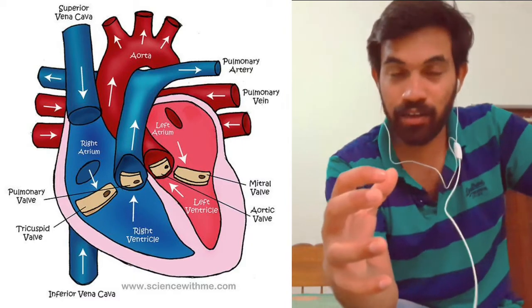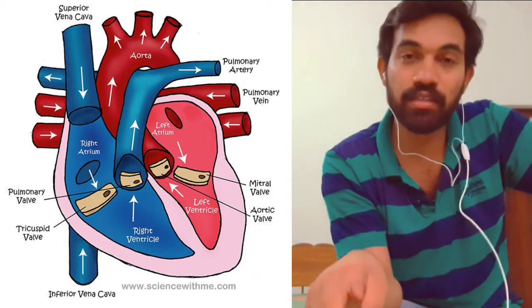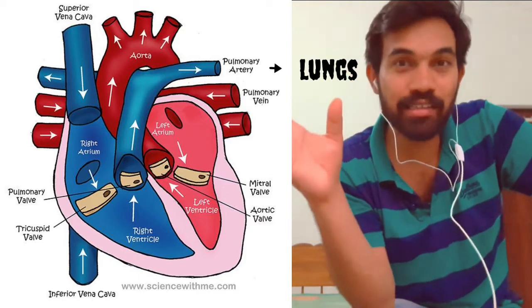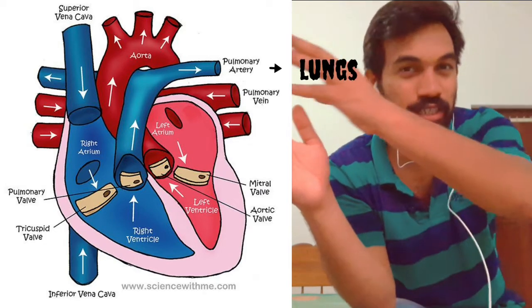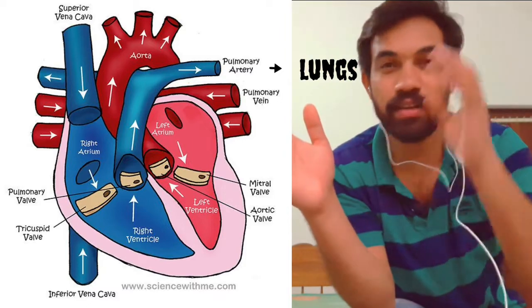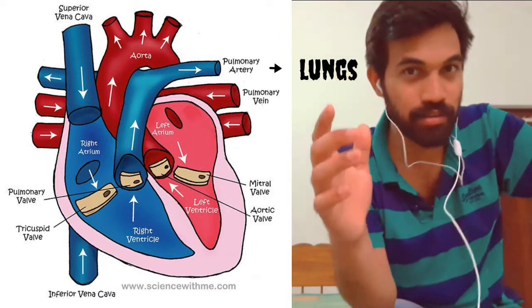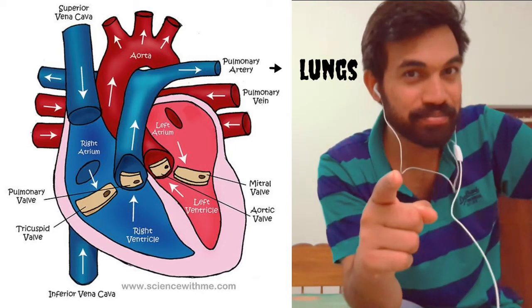So the pulmonary artery takes the blood from the right ventricle to the lungs, and from the lungs what happens? The deoxygenated blood that reaches the lungs from the pulmonary artery is oxygenated, enriched with oxygen. Do you remember from where this oxygen comes?